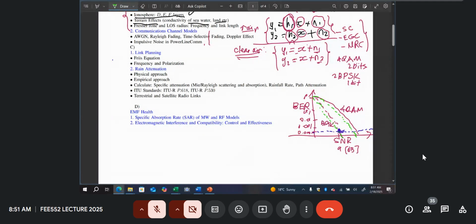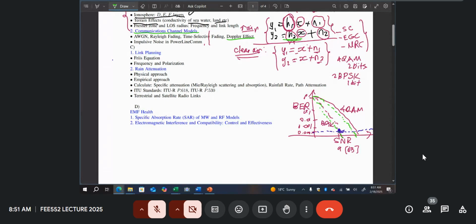We need to understand how these channels affect communication. Then also there's a Doppler effect when you are traveling from the BTS, moving in your car. At what speed would you have this Doppler effect where the center frequency shifts? This one here is called flat fading.